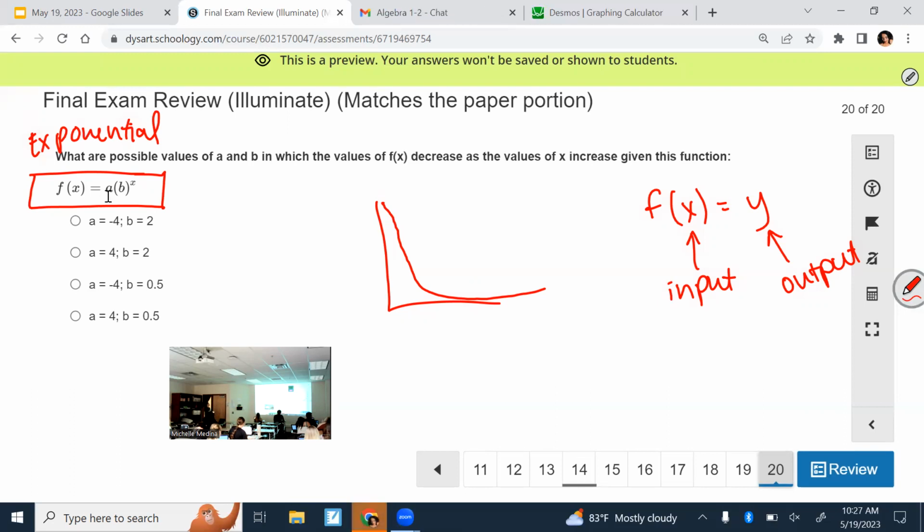To jog your memory, the most basic exponential function was a times b to the x. And it wants to know which of these combinations would give me something that is decreasing, or decaying, versus growth. Do you guys remember how to tell from looking at the formula?